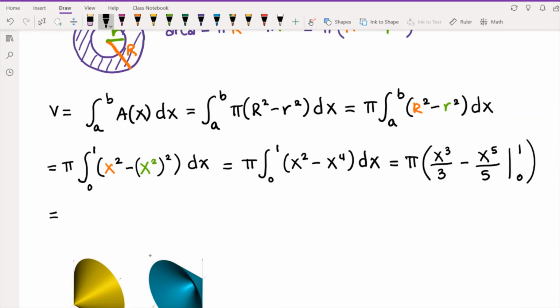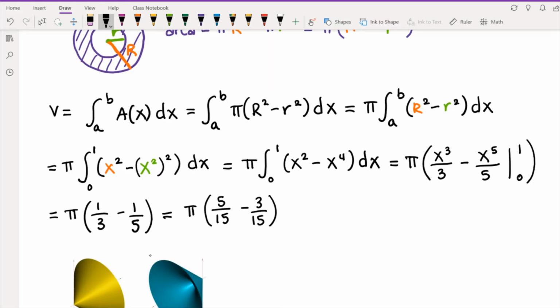And so we end up with pi times 1/3 minus 1/5. And so if we make a common denominator of 15, that's going to be 5 over 15 minus 3 over 15. And so we're left with 2 pi over 15 as our final answer.